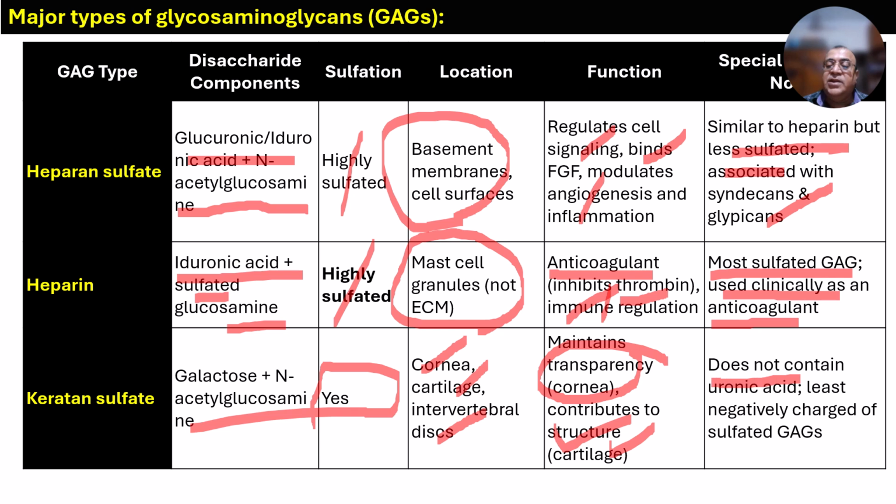It doesn't contain uronic acid. The least negatively charged sulfated glycosaminoglycan is keratan sulfate. Most sulfated is heparin, least sulfated is keratan sulfate, and non-sulfated is hyaluronic acid.